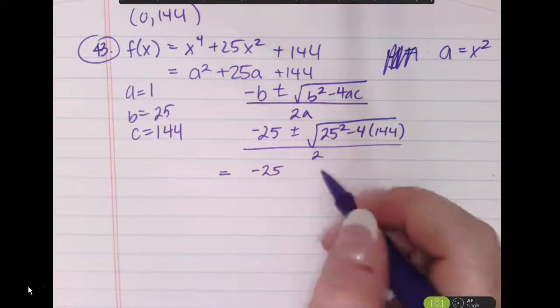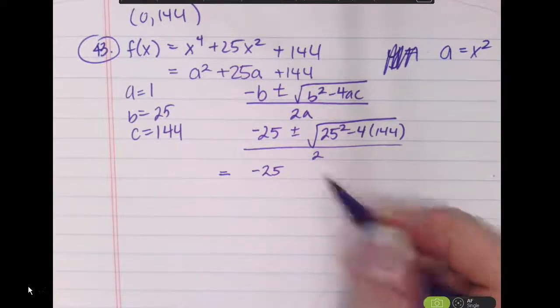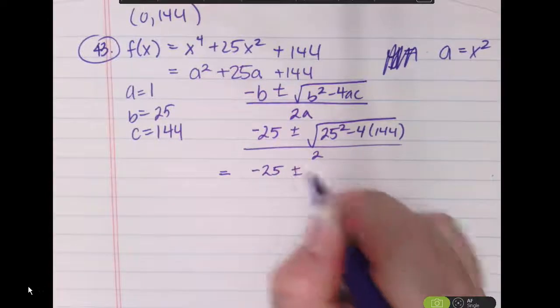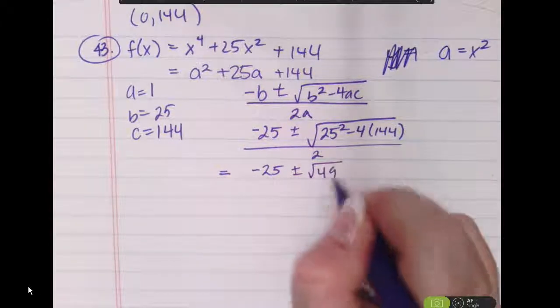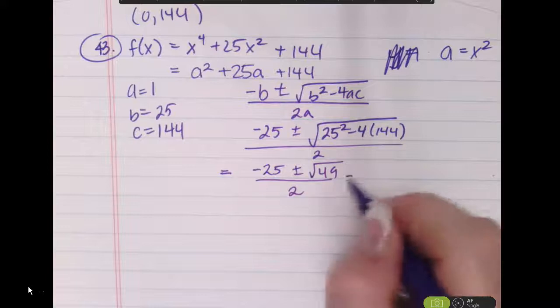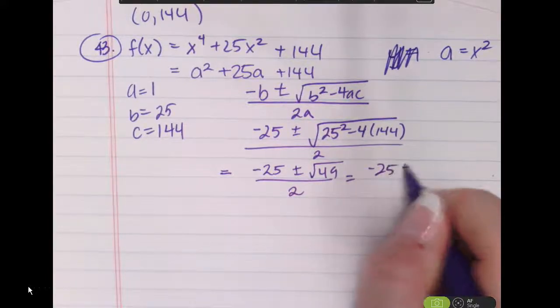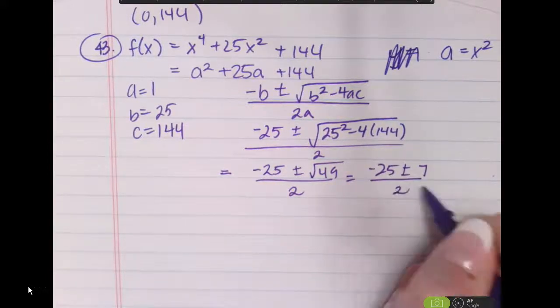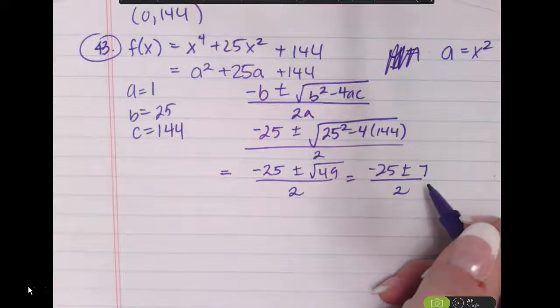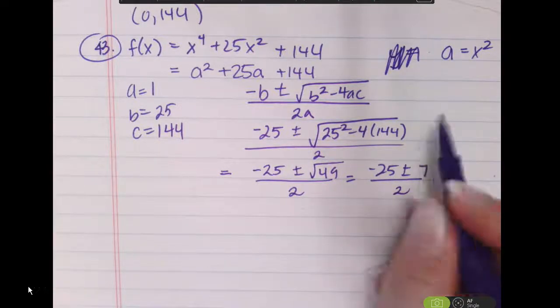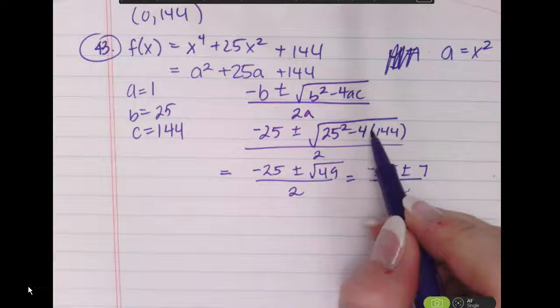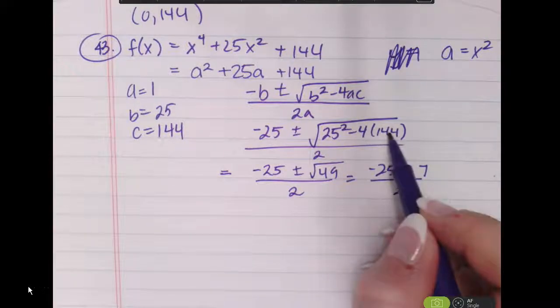So negative 25 plus or minus the square root of 49 over 2, negative 25 plus or minus 7 over 2.